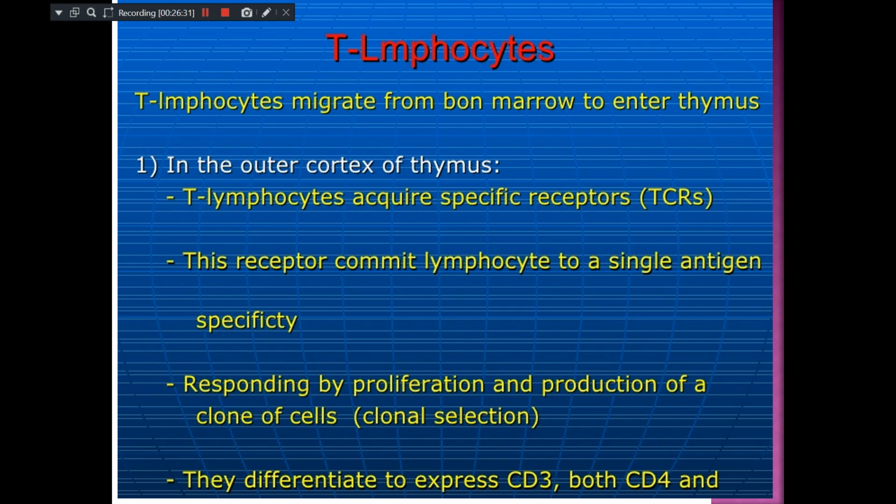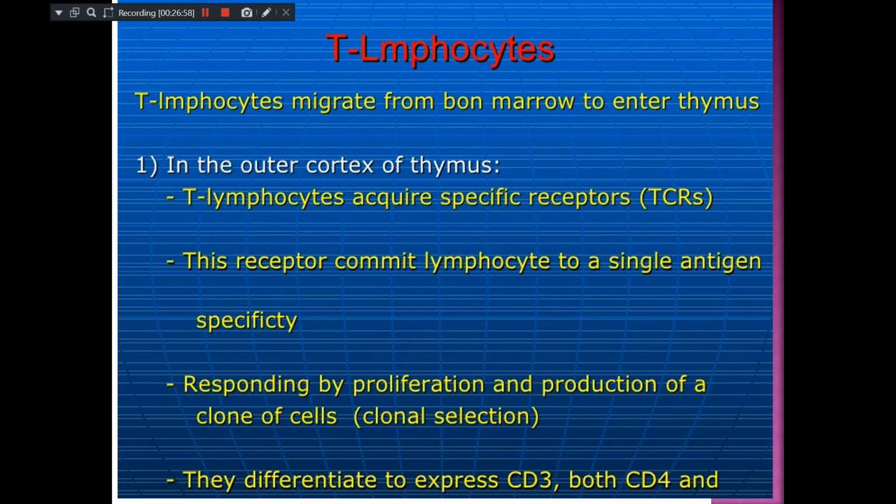They acquire specific receptors, that is T cell receptors. These receptors are known as TCRs. These receptors make the lymphocyte have a single antigen specificity. Again, these T cells also show single antigen specificity. It all depends upon the specific receptors that are found on the T lymphocyte.